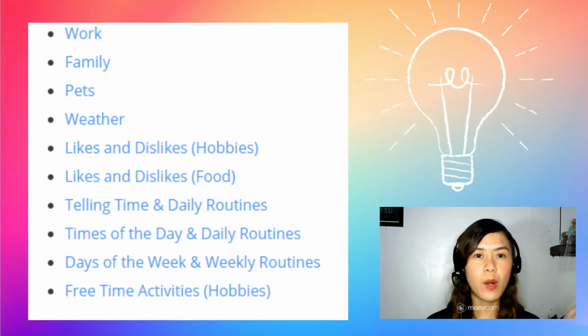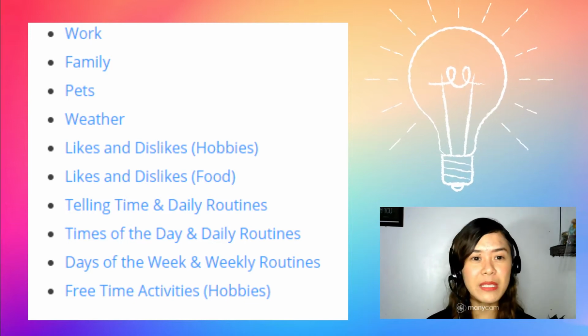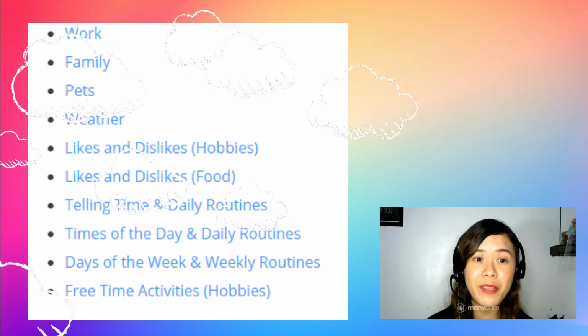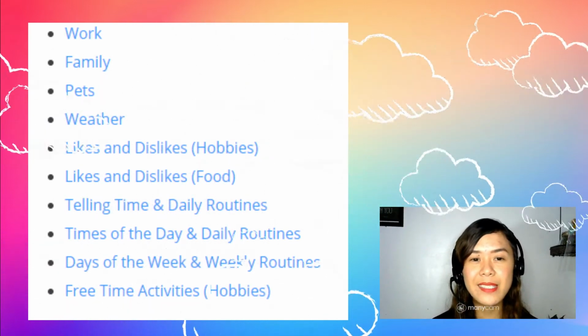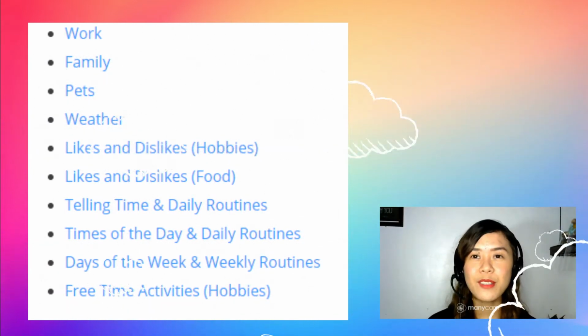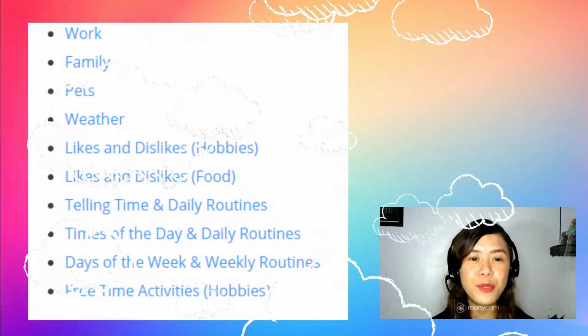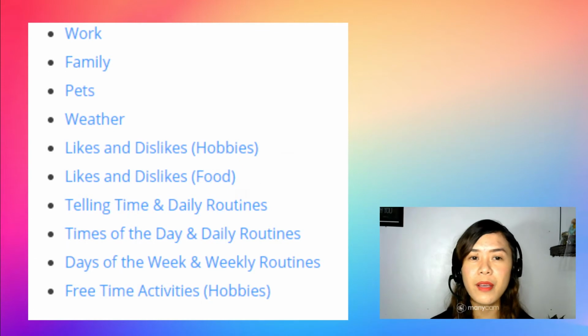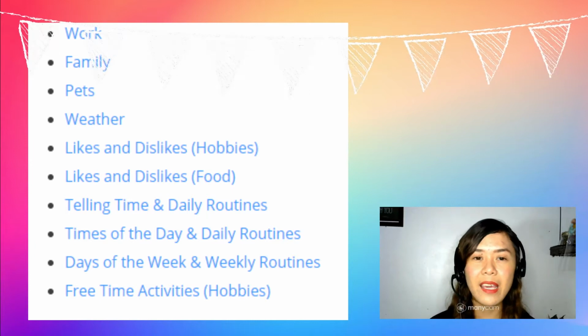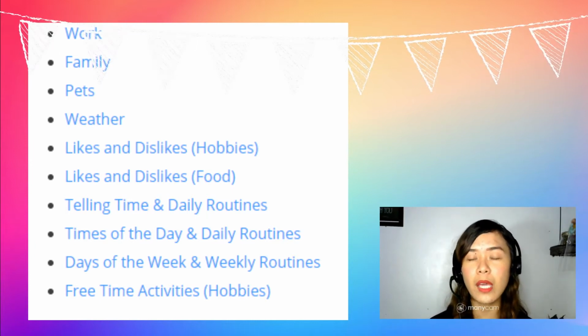You can talk about work, family, pets, weather, likes and dislikes about hobbies, or likes and dislikes about food. You can also talk about telling time and daily routines, time of the day and daily routines, or days of the week and weekly routines, and of course, free time activities.